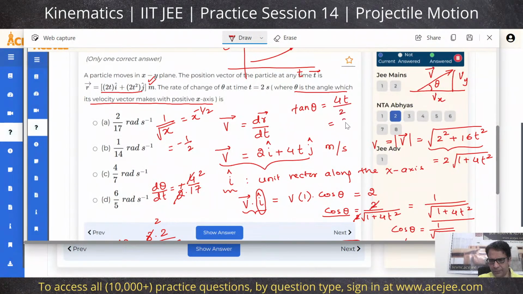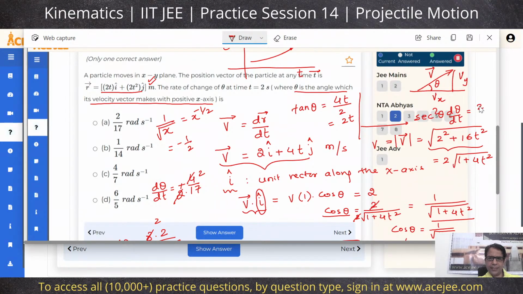That is 2t. Correct, Namita? And from here, you can actually differentiate. So the derivative of tan theta is secant square theta. So secant square theta d theta by dt is equal to 2.